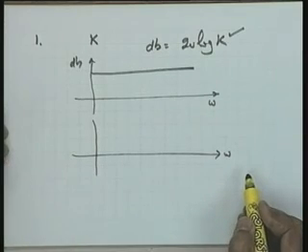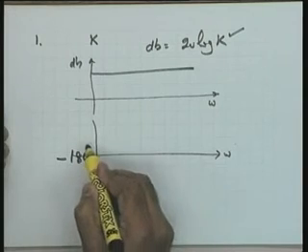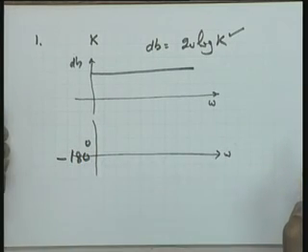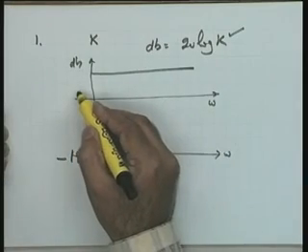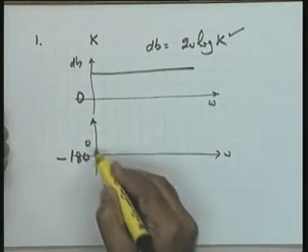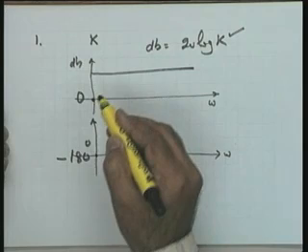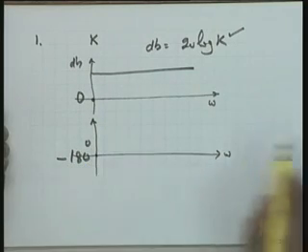So when I make the phase plot, please note that the vertical axis normally taken is with respect to minus 180 degrees and not with respect to 0 degrees, because this is our primary concern as far as stability analysis is concerned. So the vertical axis origin in the magnitude plot is going to be 0 dB, and the origin of the phase plot is going to be minus 180 degrees.